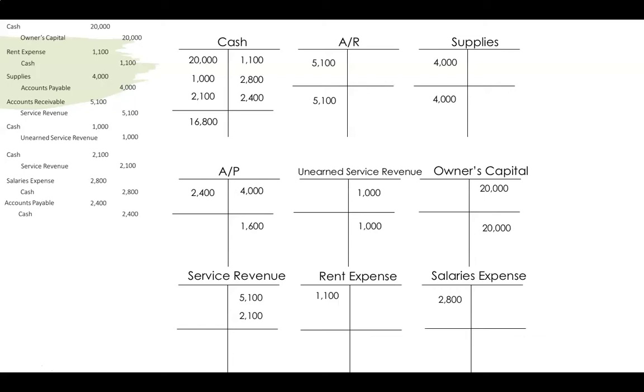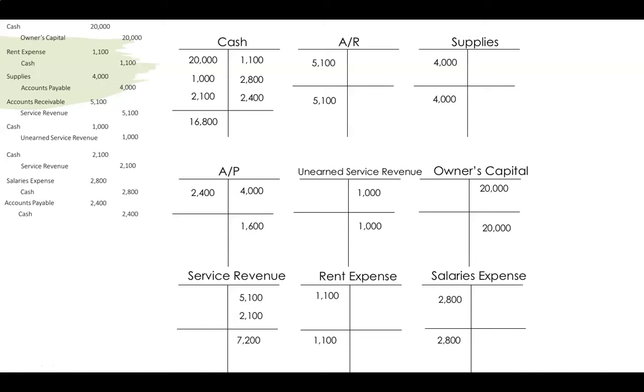Well, service revenue is a revenue account, and revenues increase with credits. So we'll add those two together, and we see that service revenue has a credit balance of $7,200, and then our two expenses just had singular entries for them. So rent expense has a balance of $1,100, and salaries expense has a balance of $2,800.